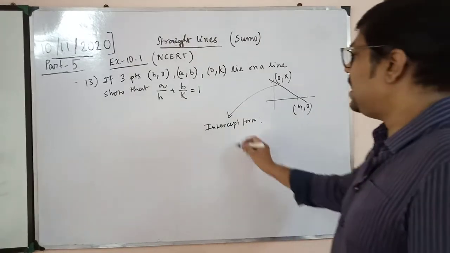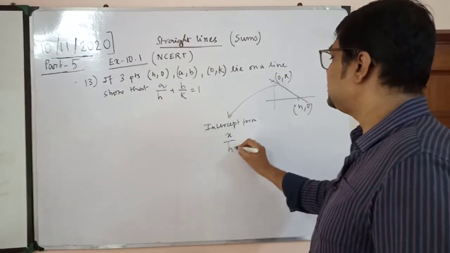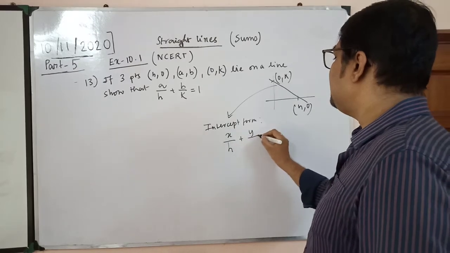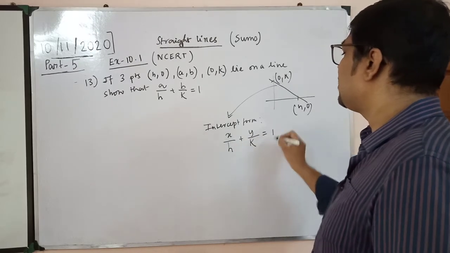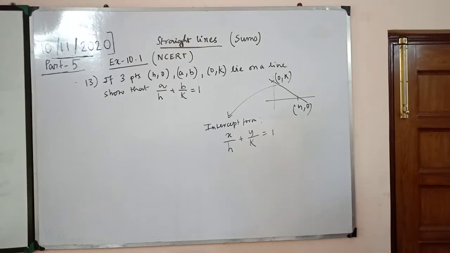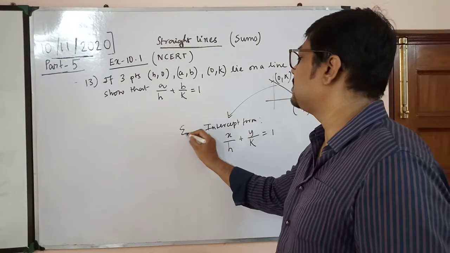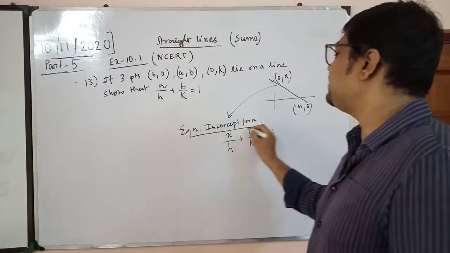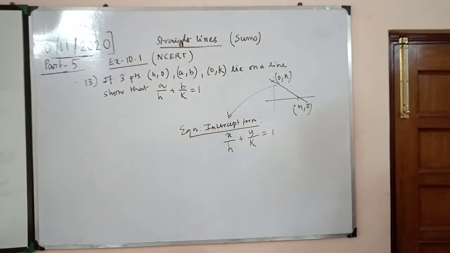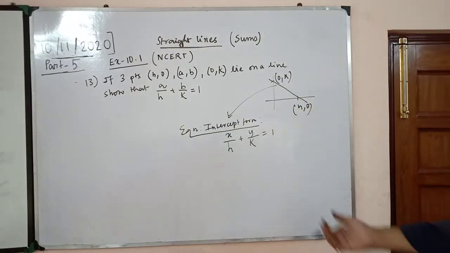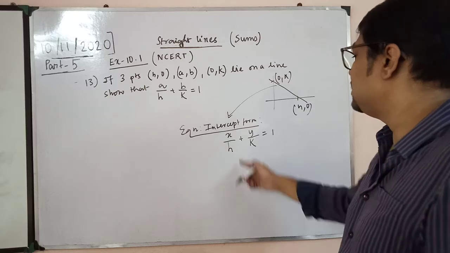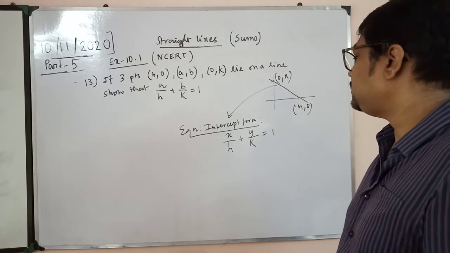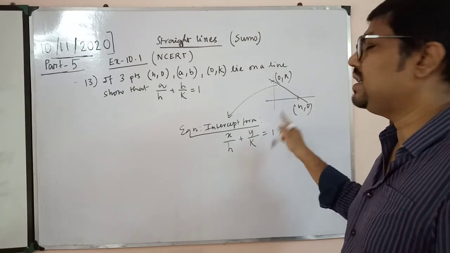You know how it is written: x by h plus y by k equals 1. If you have forgotten, please check this form. It's form number 5, I think.